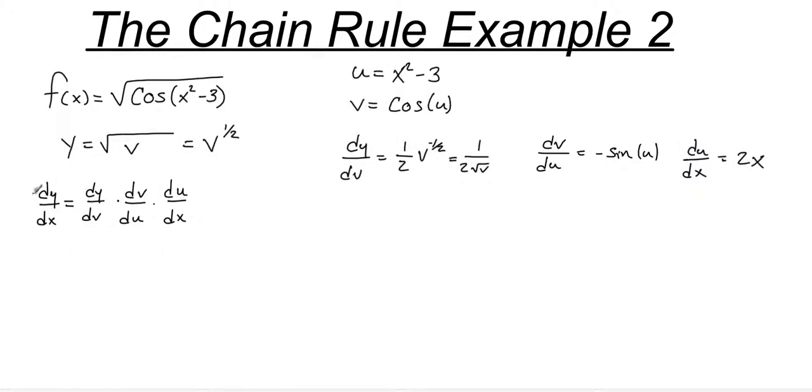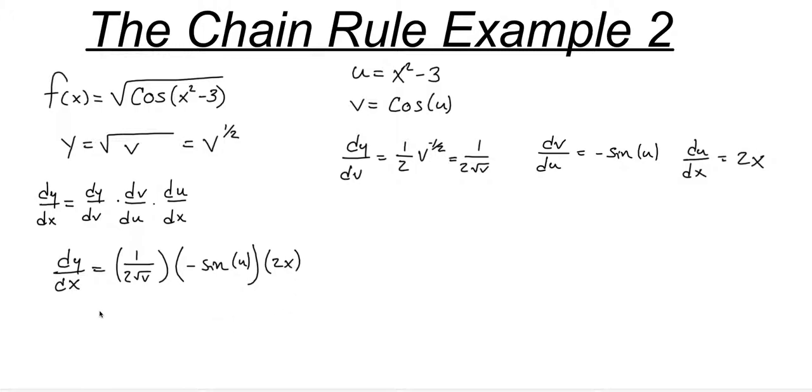So again, the way I go back and find dy dx is that it's the product of dy dv, dv du, and du dx. So I'm going to say that dy dx, the derivative of y with respect to x, is going to be the product of 1 over 2 root v times the negative sine of u times 2x.